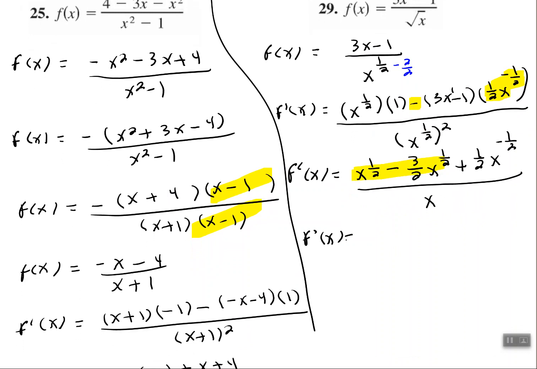All right, so let's combine those like terms now. So we have 1 x to the 1/2 minus 3 over 2 times x to the 1/2. If we get common denominators, that 1 is the same thing as 2 over 2.